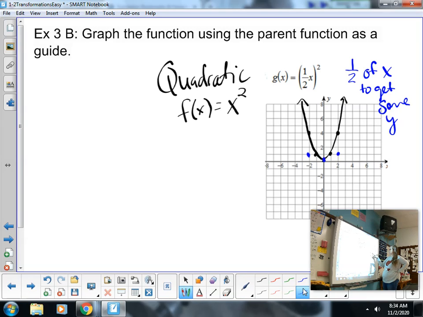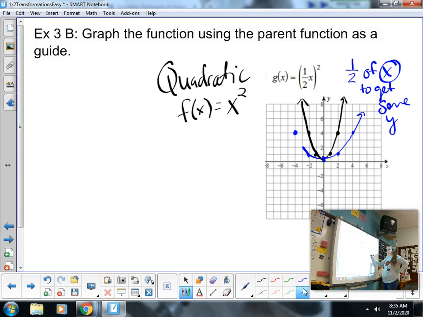To be at a height of 4, I need to take half of some number to get a 2. That's going to stretch out to 4, 4, and the same with negative 2, 4. So you're changing the x values in order to reflect the same y values that you had in the original.